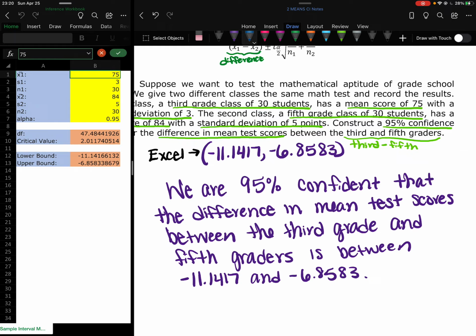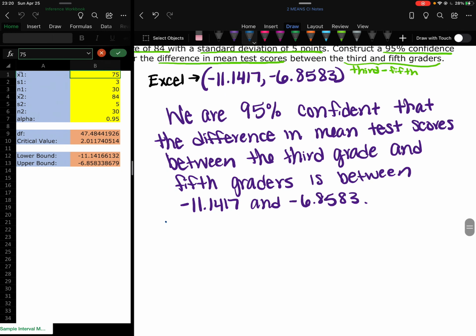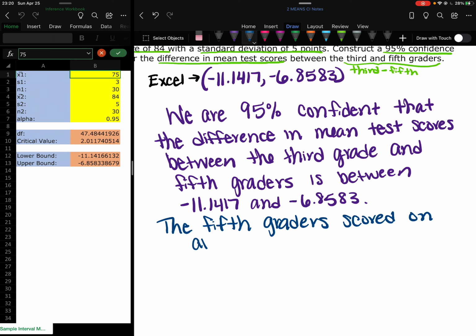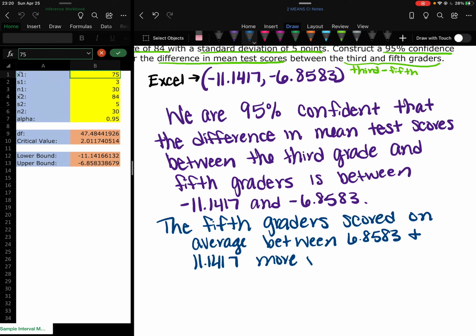What does this actually mean? What is it actually telling us? The fifth graders scored on average between 6.8583 and 11.1417 more points than the third graders.